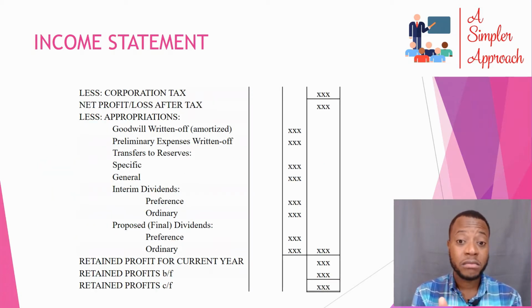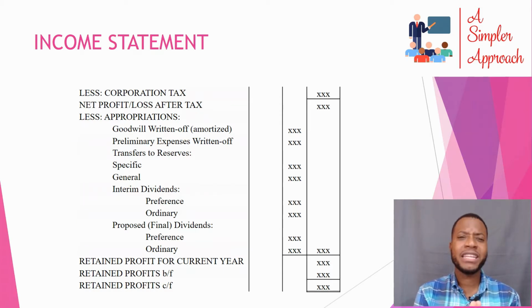After tax is subtracted, it becomes net profit or loss after tax. All right? So the profit that you calculate when you subtract expenses from gross, that's the net profit before taxation. You subtract your taxation and then you will get net profit after taxation.